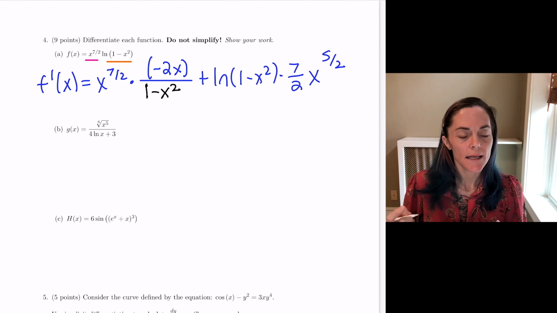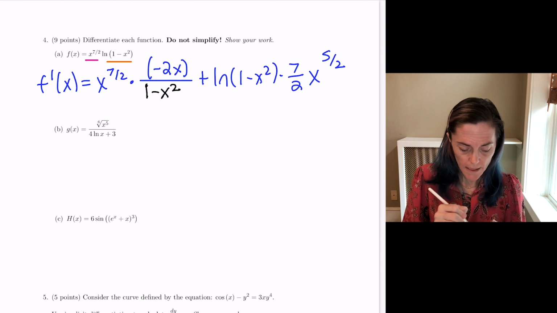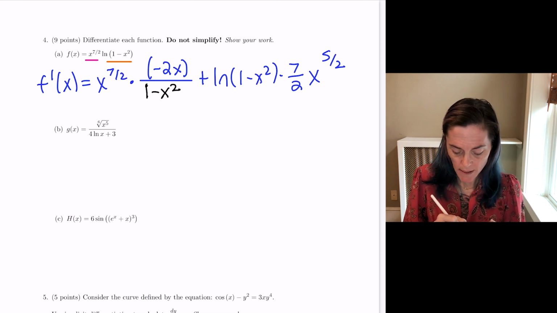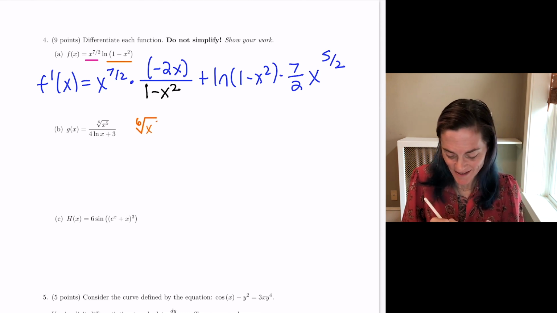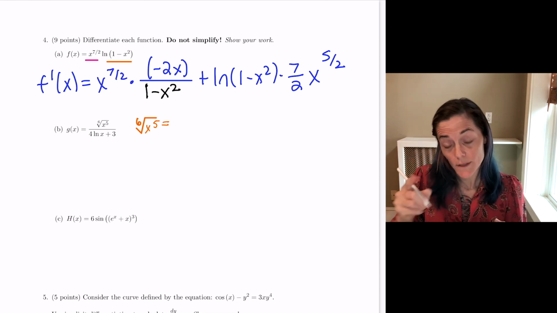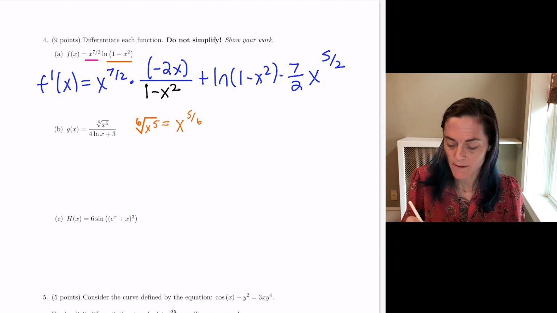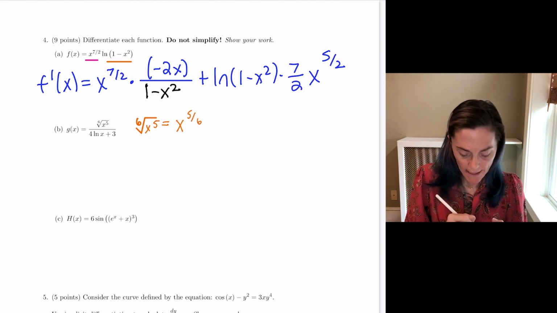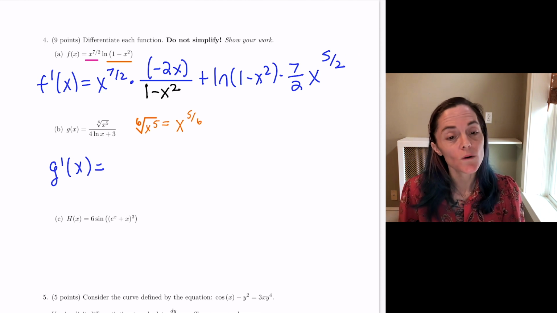Next one, let's differentiate g. Maybe the thing to observe here before we get started, we have this 6th root of x to the 5th. We need to think about what power is this. Well, this is the 5/6 power, so x to the 5/6. Now I'm ready to jump into my derivative of g. We have one function divided by another. This will be the quotient rule.